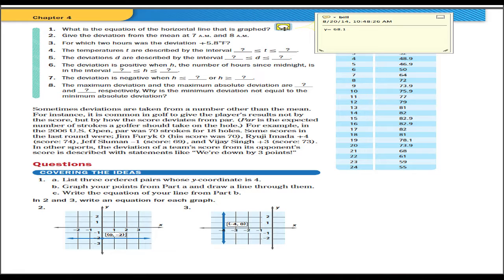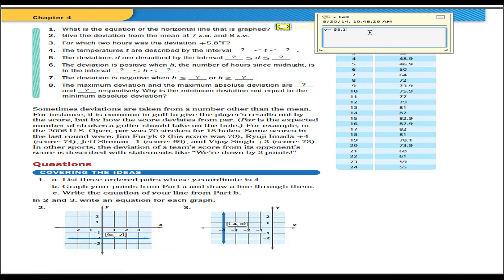The second question is give the deviation from the mean at 7 a.m. and 8 a.m. So here our question is one of comparing it as we did in the early part of the example in the paragraph above. At 7 a.m., going to the table, the temperature is 64 degrees.